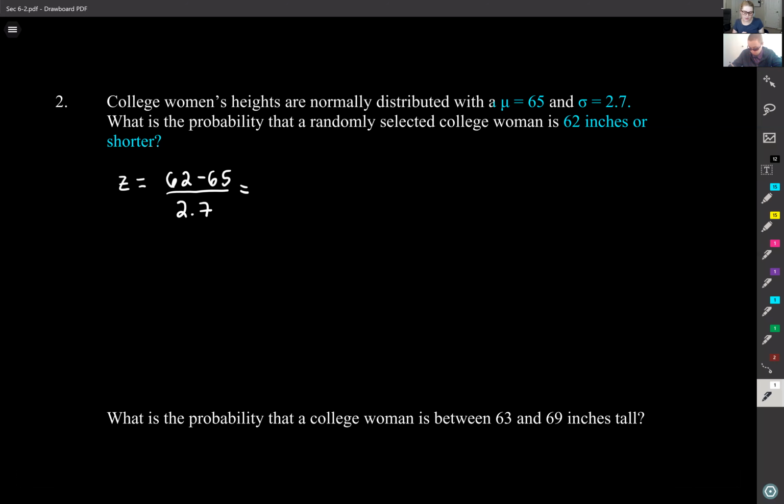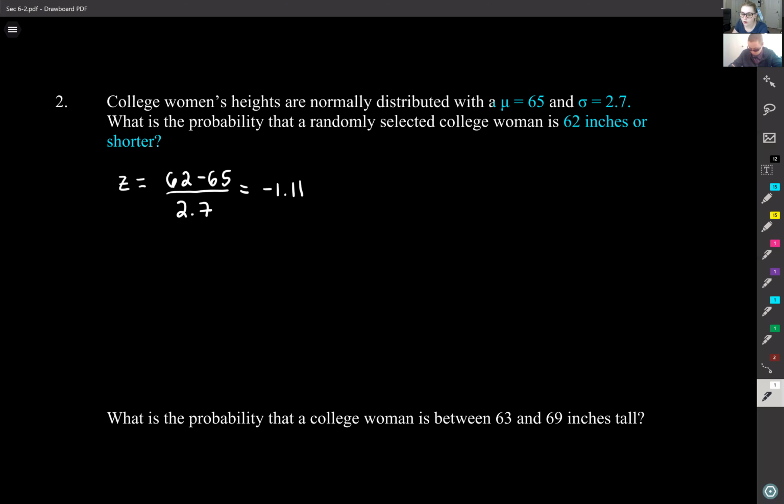If I just do this on my calculator, I get about negative 1.11. You'll actually get negative 1.111111, it repeats, but just remember, if we're doing z-scores, round it to 2 decimal places.